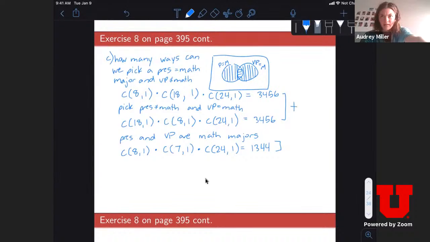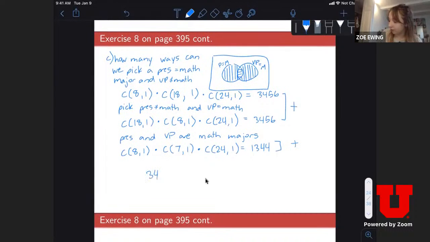Are we going to add it? Yes. So we end up with 3456 times 2 plus 1344. And that comes to 8256.